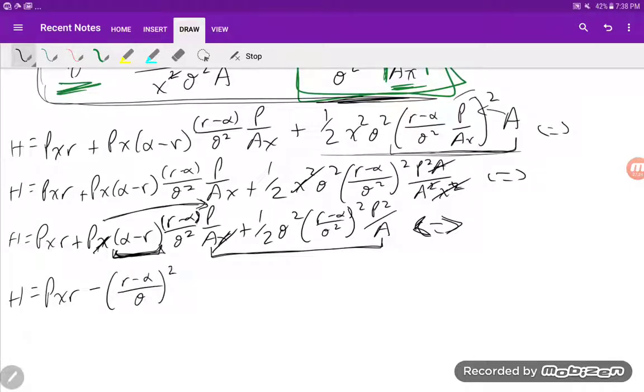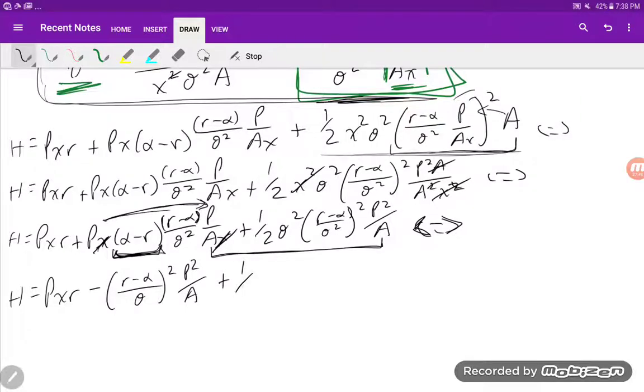I'm writing it like that just so I can put the whole thing squared, because we'd have r minus alpha squared over sigma squared. So just write the whole thing squared, and then again that's times p squared over a, because we canceled out this x and brought this other p over.